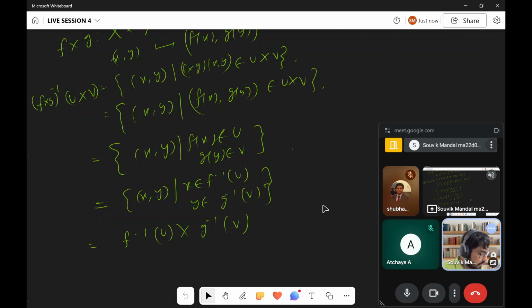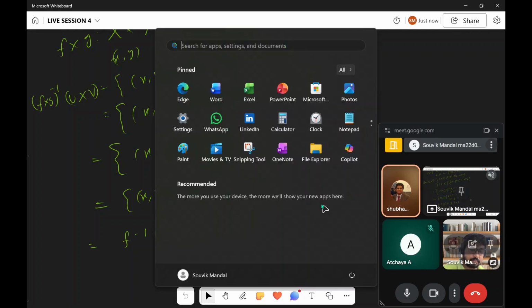So now, since it's clear, and we know that f and g are continuous functions, F inverse U is an open set in x, and G inverse V is an open set in y, correct?